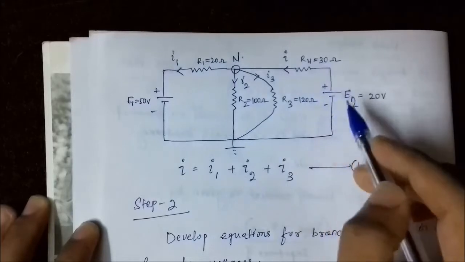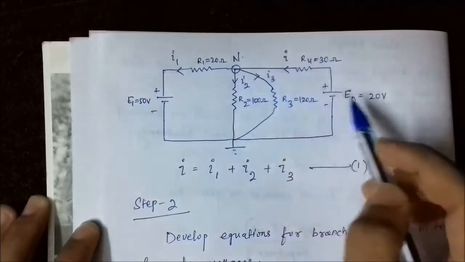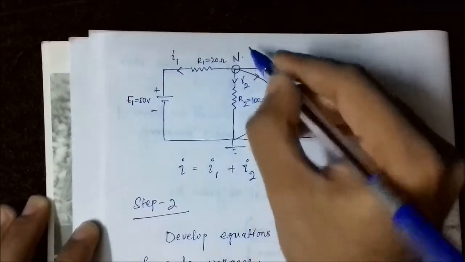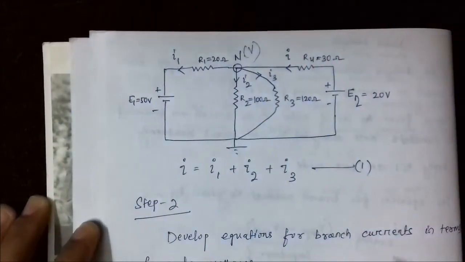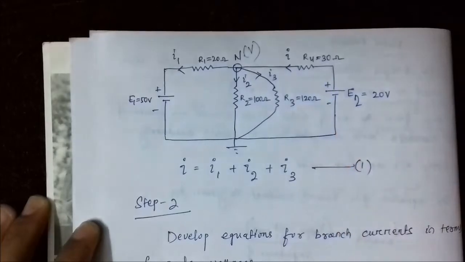Obviously the current flows from a higher potential to a lower potential. So we are going to write it as 20 minus V. The voltage here is V. 20 minus V by impedance R4, which is equal to 30 ohm.